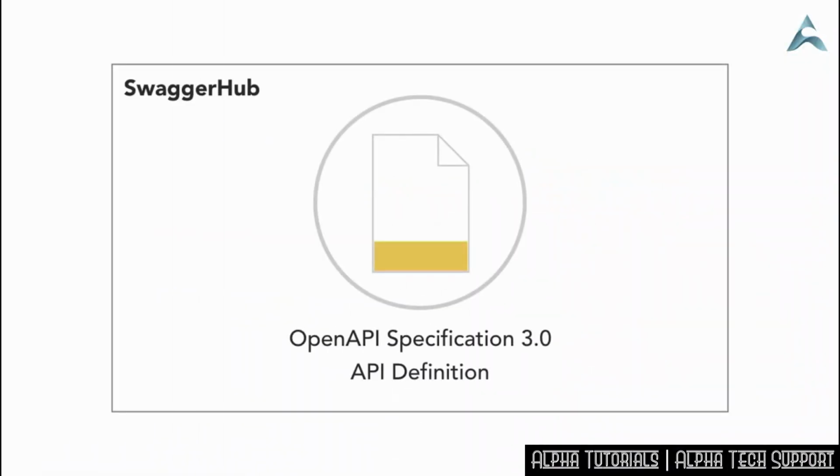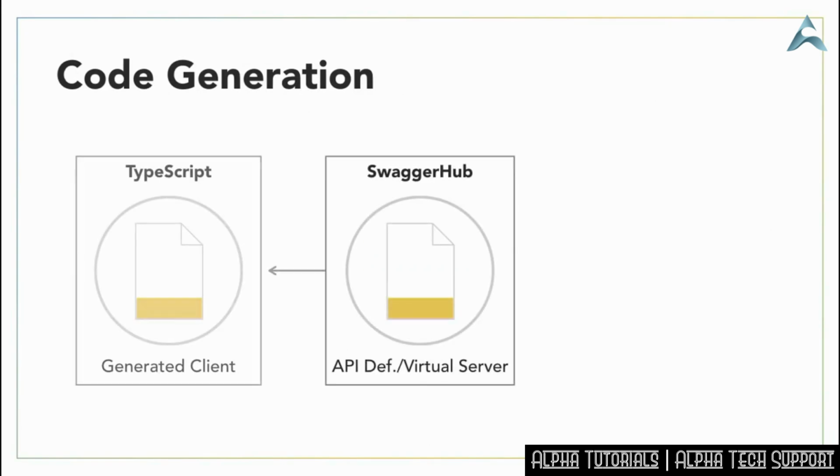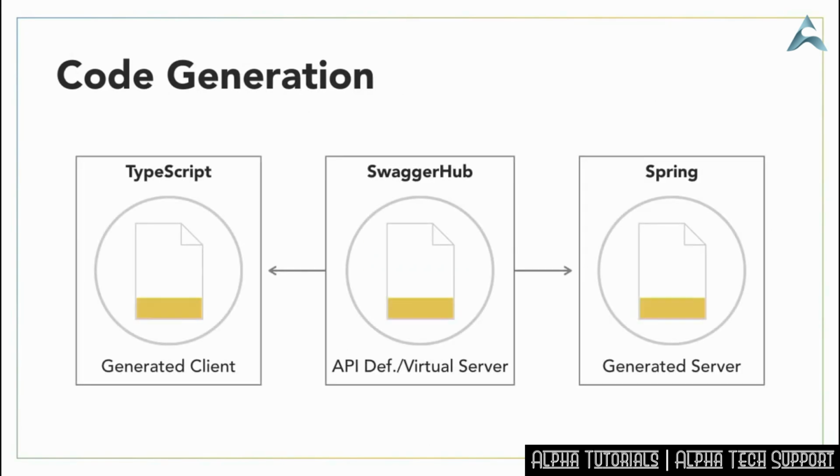At the core of our project is the H+ Sports Catalog API definition file that we created on SwaggerHub. We'll use the API definition file to generate several components in the system. We'll build out a virtual server that can mock API calls, and an Angular client SDK for calling that API.